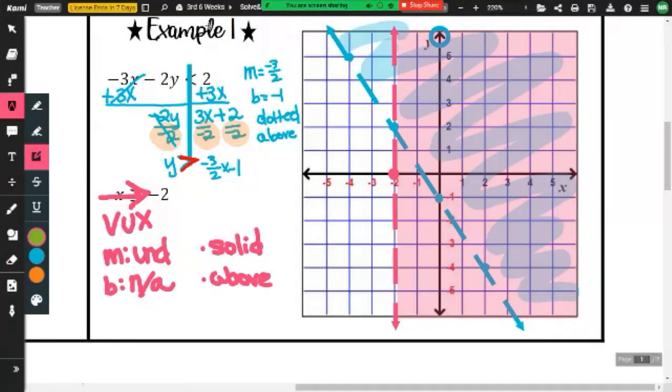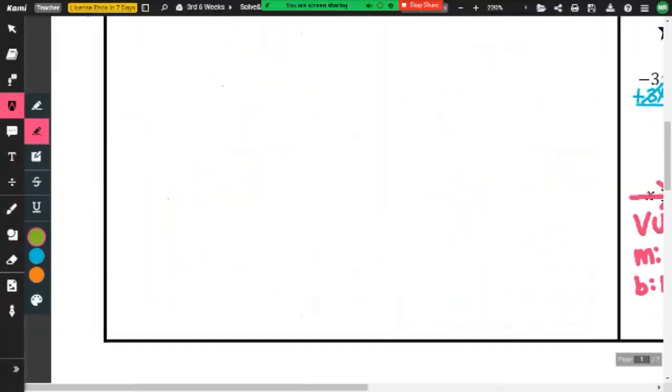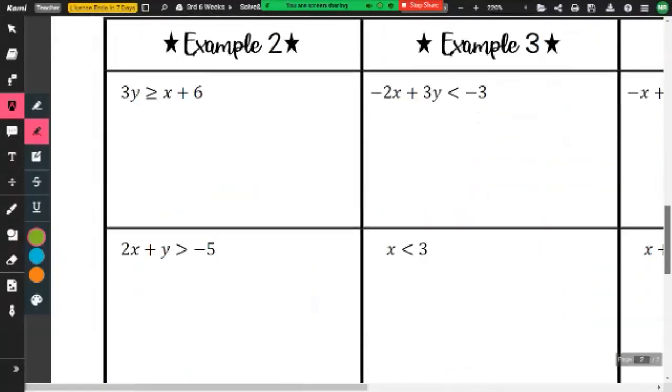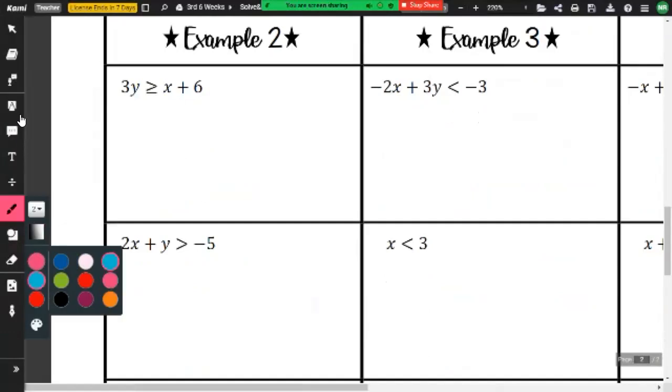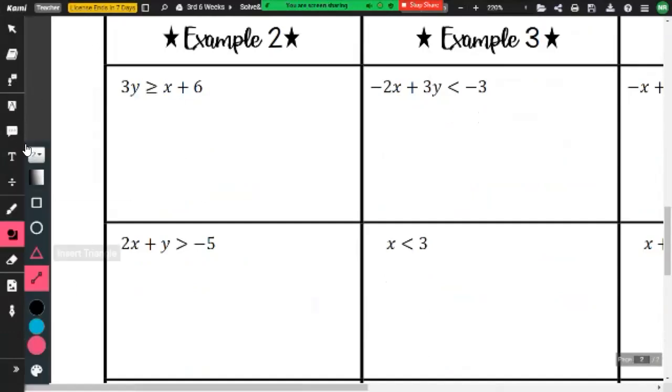So anything in this area. Anything there. All right. If you need time to copy that, just make sure you pause the video. Moving on, because we have some solving to do.